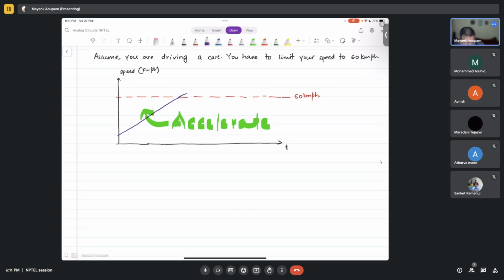Or maybe you don't overshoot. When you start reaching 60 kmph, initially you start with very high acceleration, right? You press your accelerating pedal very tightly, and you go like this initially. Once you start coming close to 60 kmph, you start to reduce your acceleration such that eventually your speed becomes equal to 60 kmph, isn't it? That's how you do it when you are driving a car, correct?